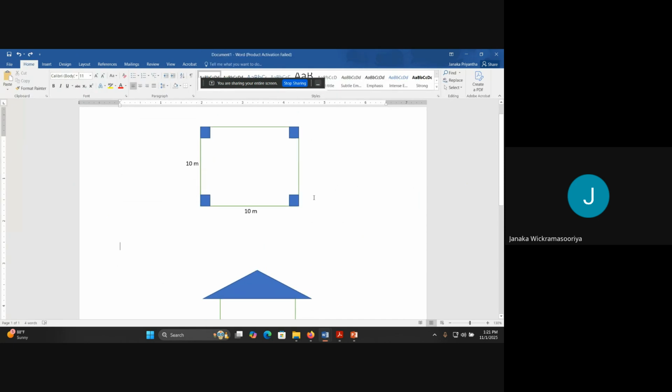Then shall we assume the live load and dead load? Normally let's assume that the live load is, just values, right? 5 kilonewtons per meter square.